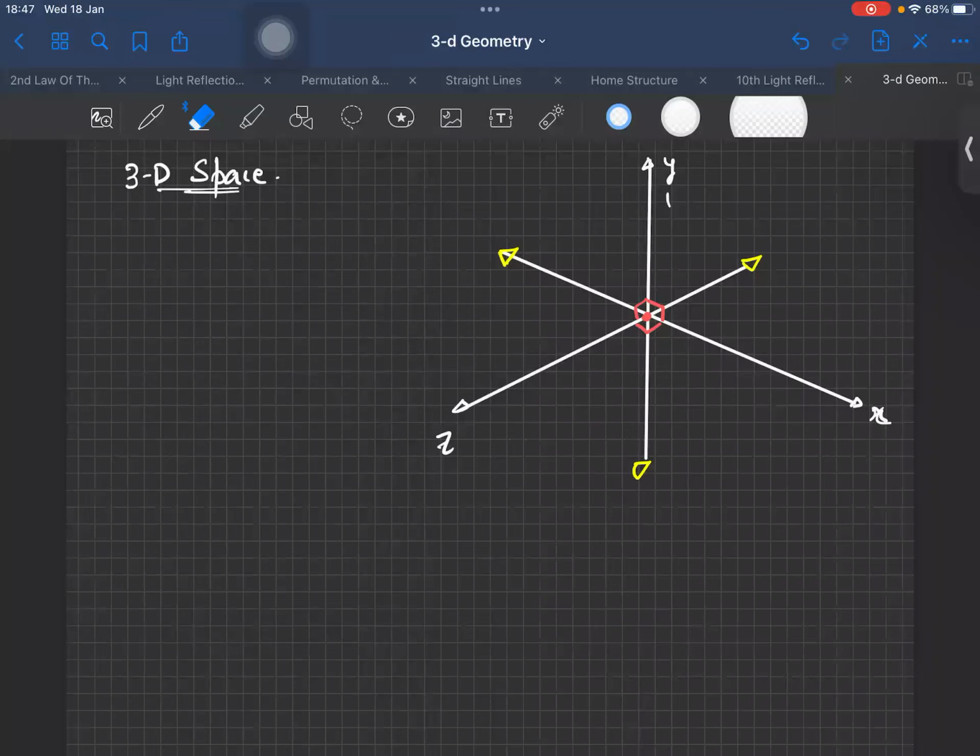Suppose this is your thumb, this y is your forefinger, and the direction of z is your middle finger. Now these three are mutually perpendicular in this direction, right?